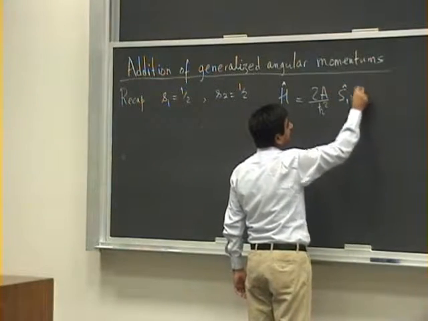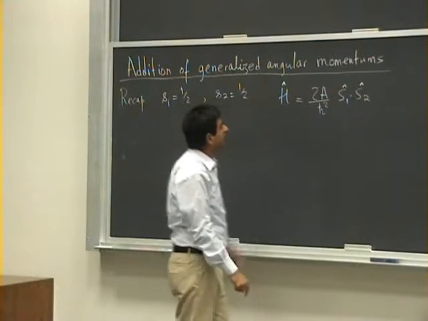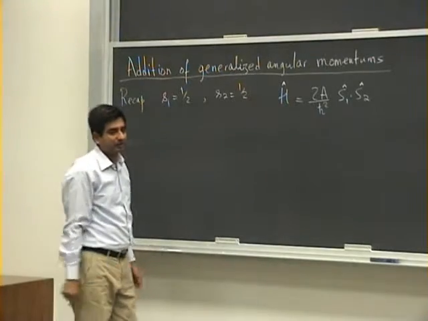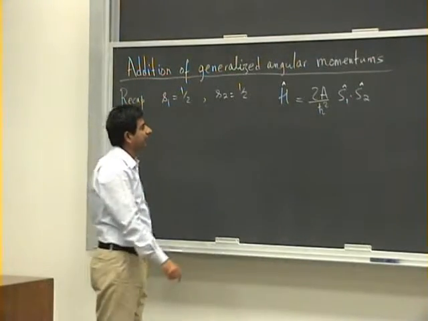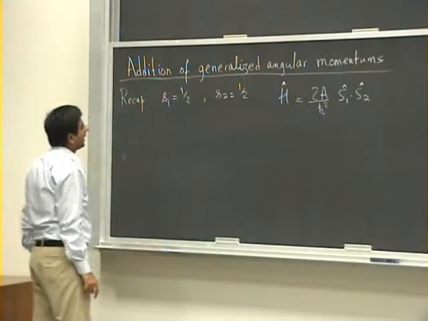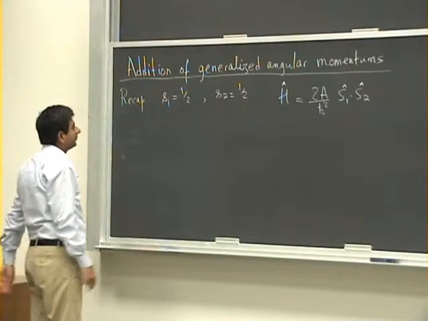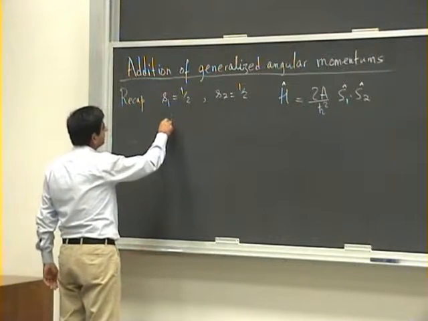dotted S2. Then we were able to find the eigenstates and the eigenvalues of this Hamiltonian.